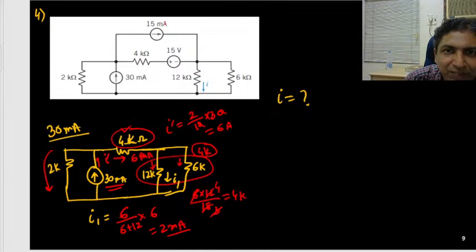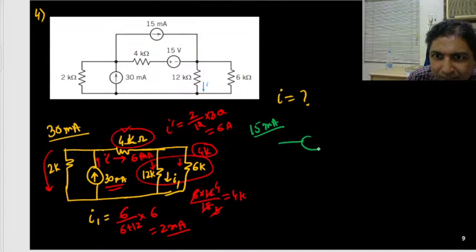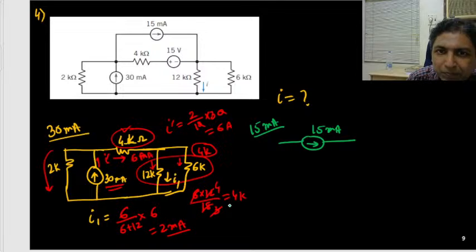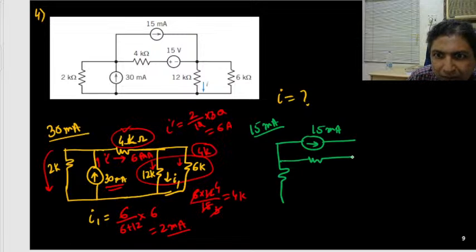Very similarly, when this 15 milliampere current source is working alone, what is the circuit? This is the 15 milliampere. I will remove the other current source, and this resistance I need to consider.